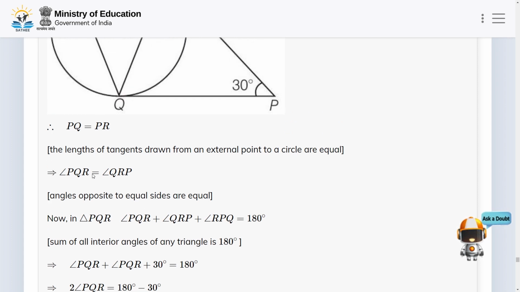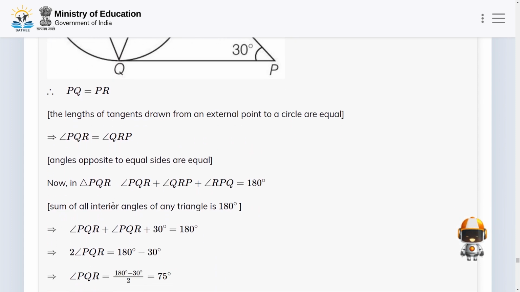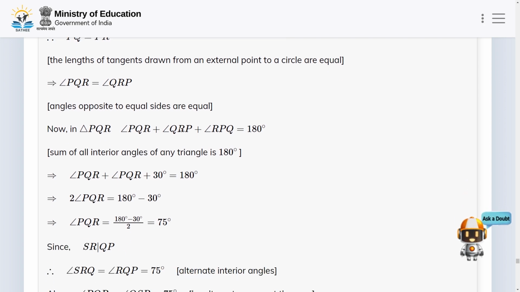Now in triangle PQR, angle PQR plus angle QRP plus angle RPQ is equal to 180 degrees, the sum of all interior angles of any triangle. So angle PQR plus angle PQR plus 30 degrees is equal to 180 degrees. So 2 times angle PQR is equal to 180 degrees minus 30 degrees. That implies angle PQR is equal to 150 degrees by 2, that is 75 degrees.